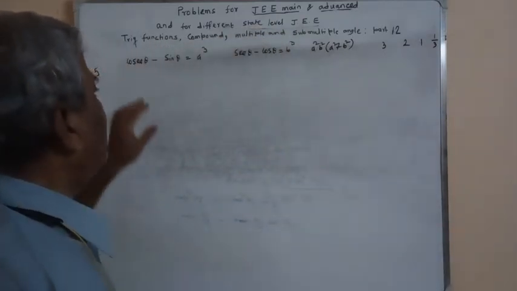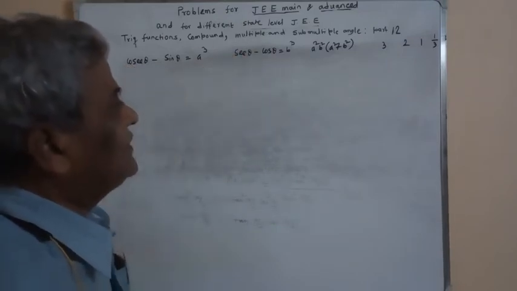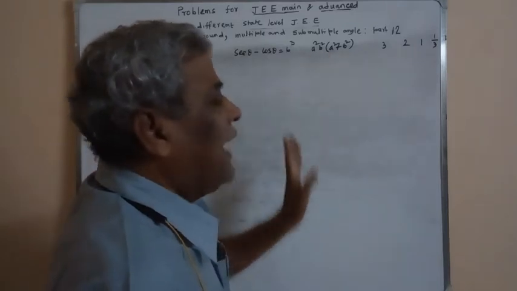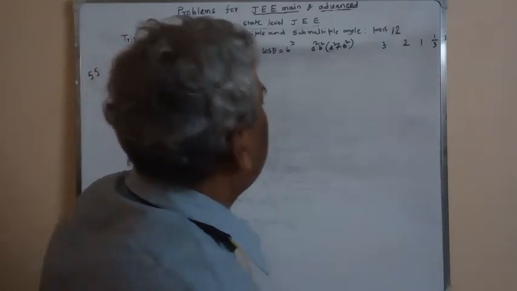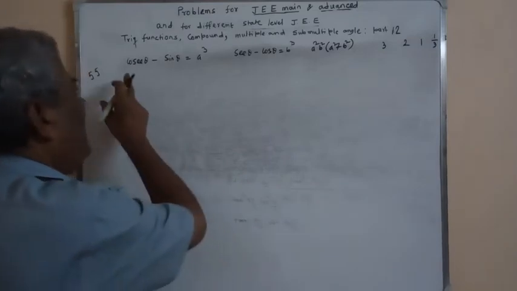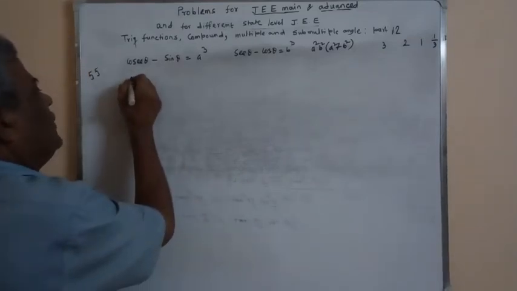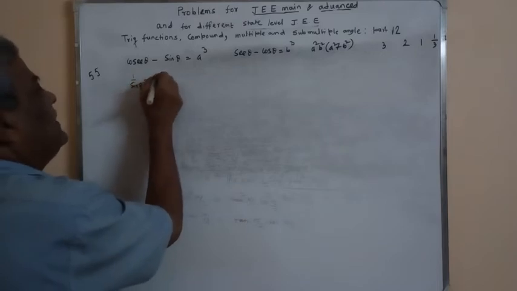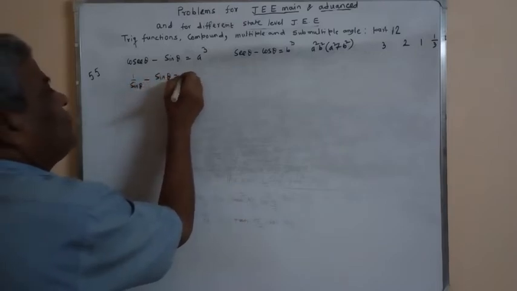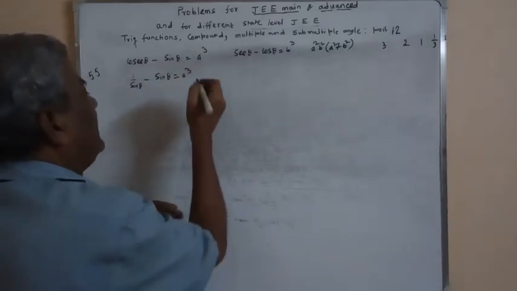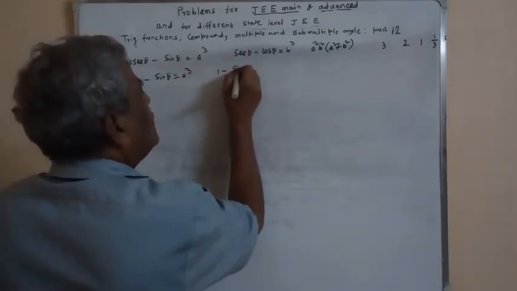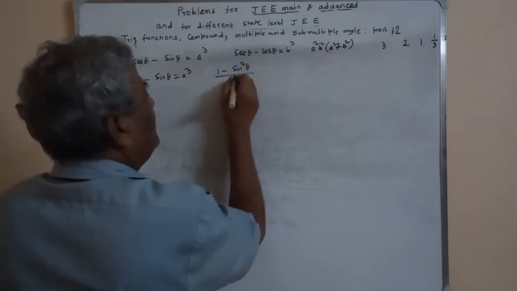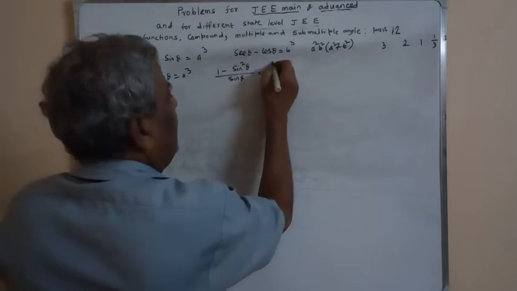Two relations are given, and we have to find the value of that, and options are these. So from the first relation, it is 1 by sin theta minus sin theta is equal to a cube. That is 1 minus sin square theta by sin theta is equal to a cube.